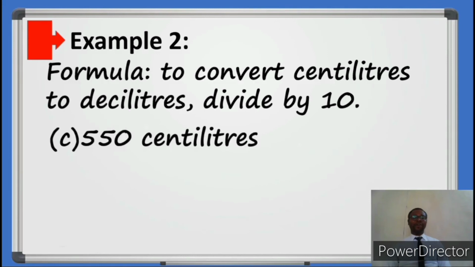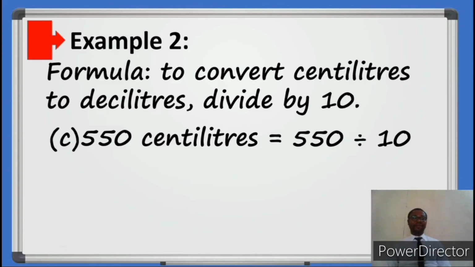We have 550 centiliters. And we're going to convert to liters and deciliters. So what do we do? To convert centiliter to deciliter, we divide by 10. So first we convert the centiliter to deciliter.